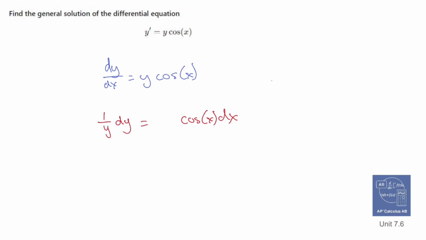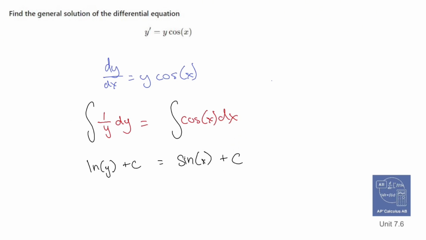Now what I do is I integrate both sides with respect to their variables. Integrating 1 over y dy is ln of y plus some arbitrary c. Integrating cosine x is going to be regular sine x plus some arbitrary c.